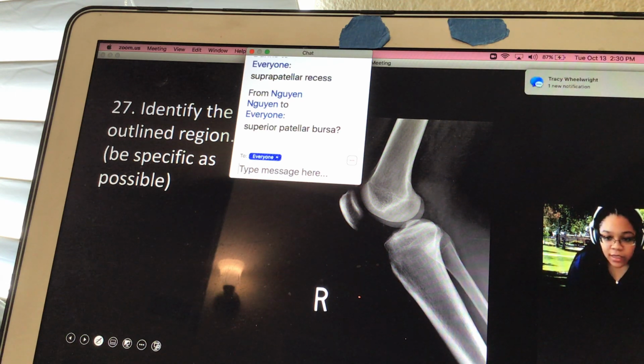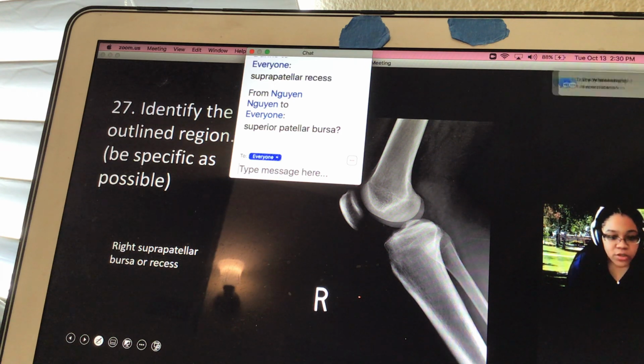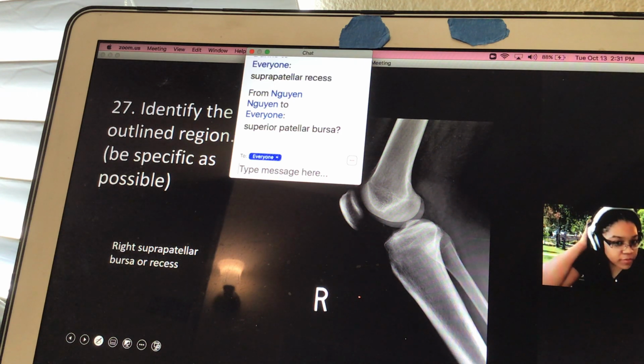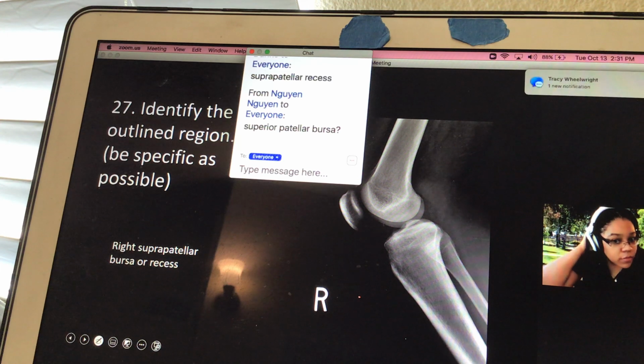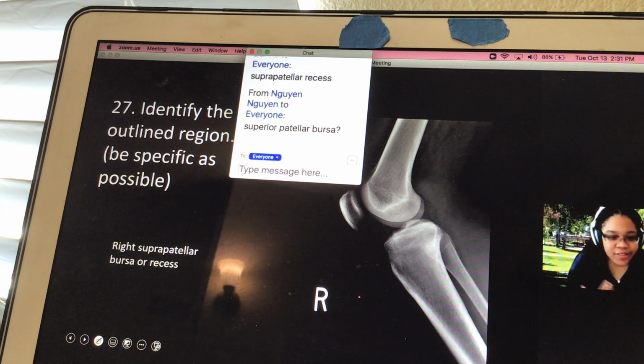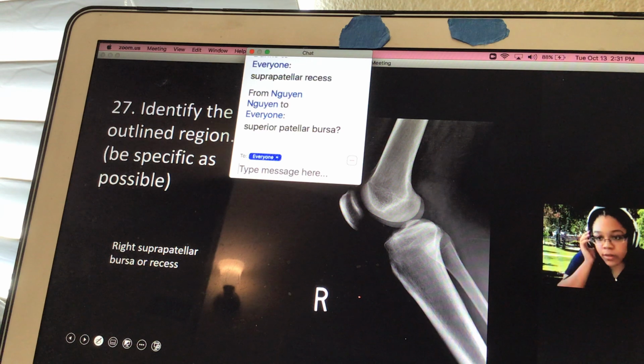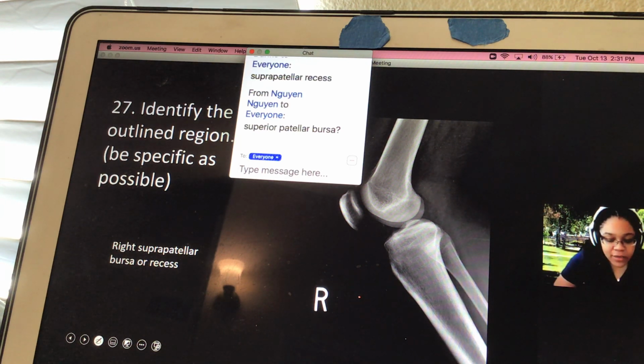This is the suprapatellar bursa or recess, either or. It's the recess in which the bursa lives. You shouldn't visualize the bursa too well because, yes, it's a fluid pocket, but you don't want any excess fluid in that area.